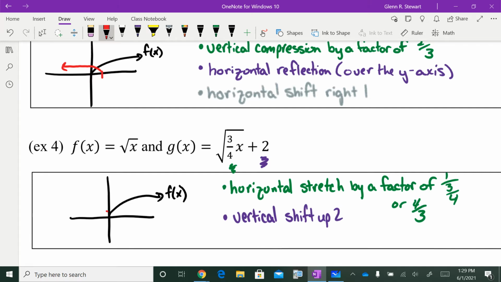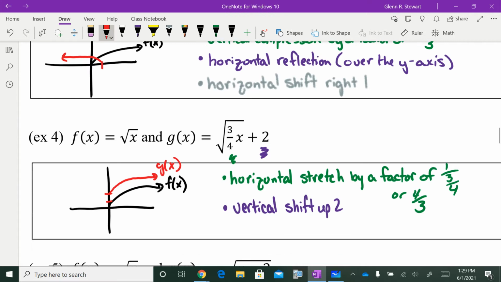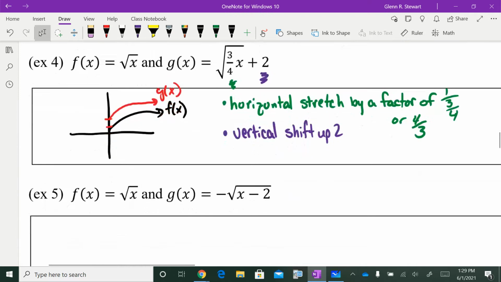So 1, 2. It would look just a little bit stretched. Like I said, I'm just doing the rough sketch so you can see where some of the transformations occur.